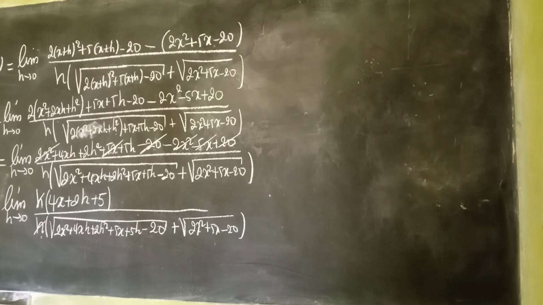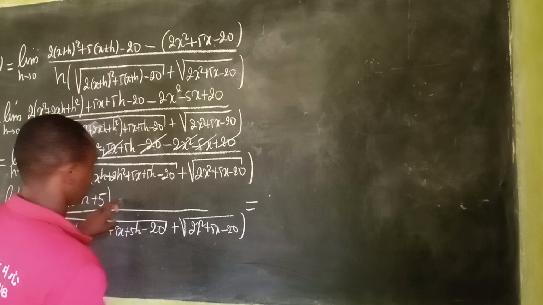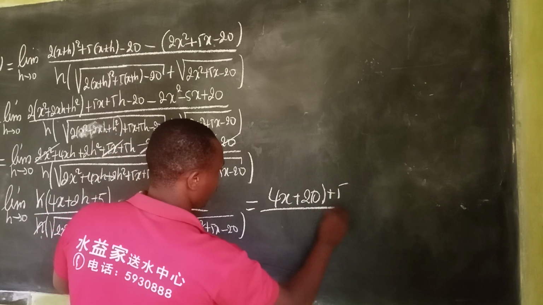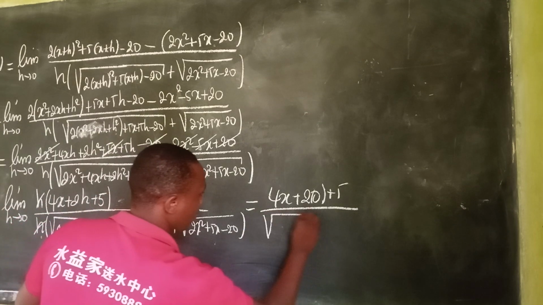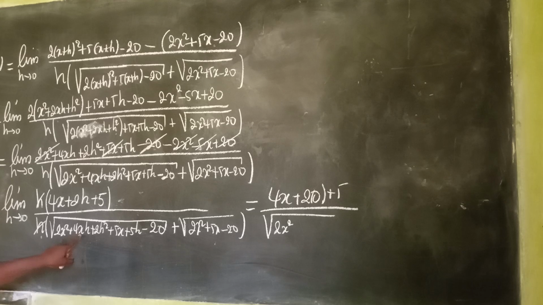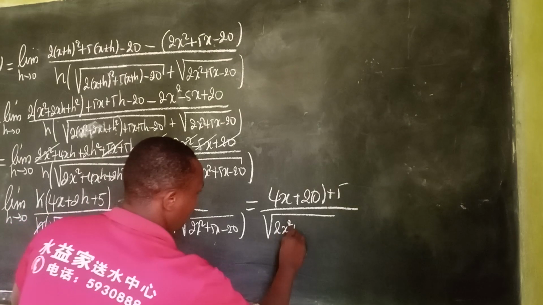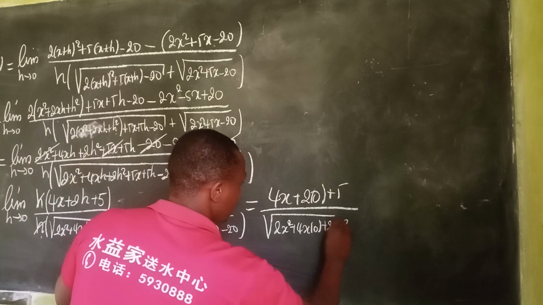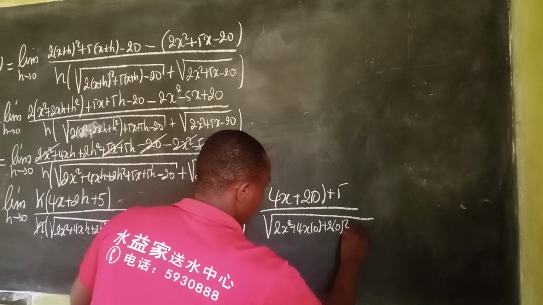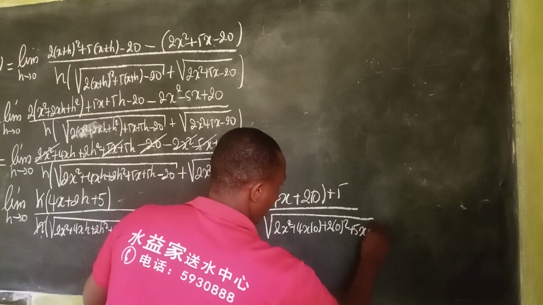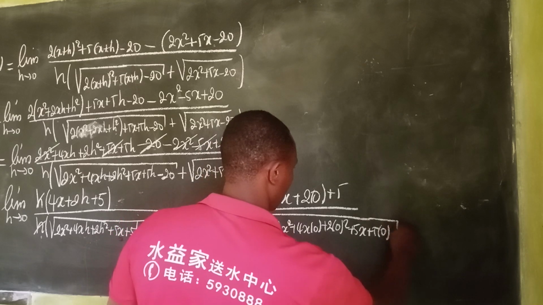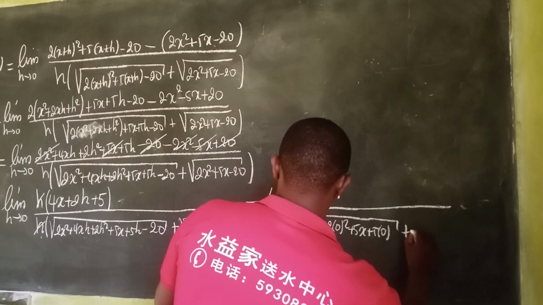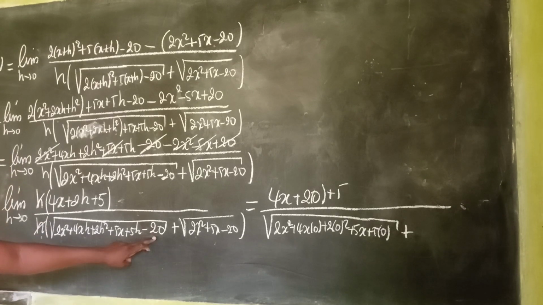Let's now replace h by 0. Here we have 4x + 2 times 0 + 5 over, here is the square root of 2x² + 4x times 0 + 2 into 0 power 2 plus 5x plus 5 into 0, then add on the denominator we have, sorry, we forgot to write this negative 20.